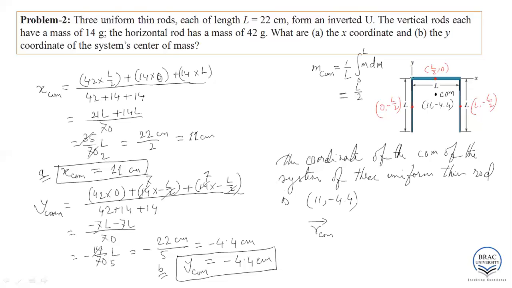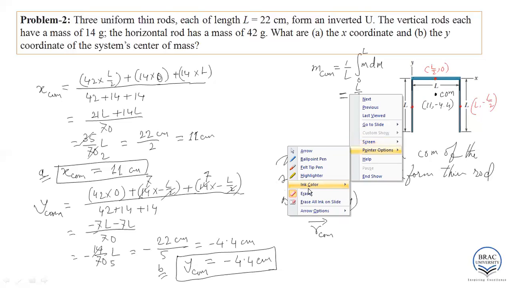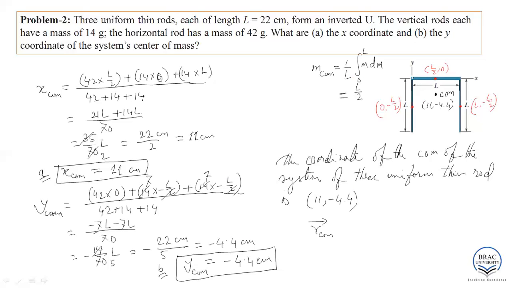If you draw a line here, this is the r com vector.